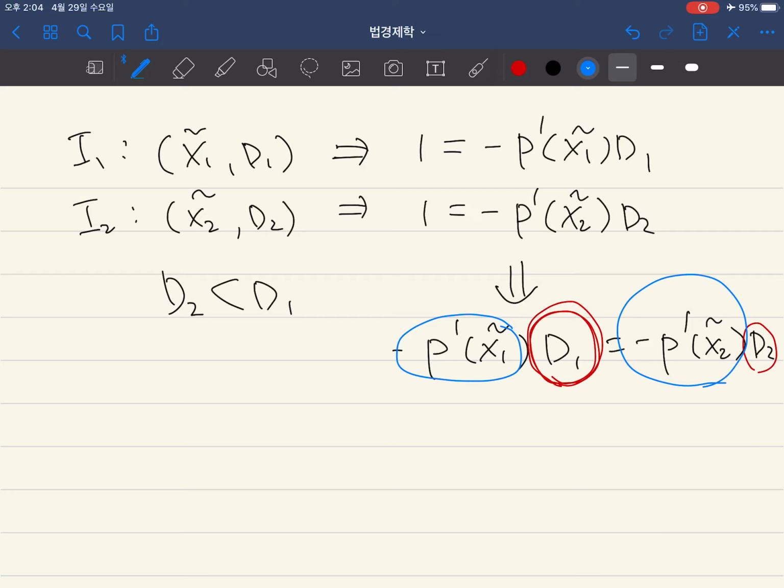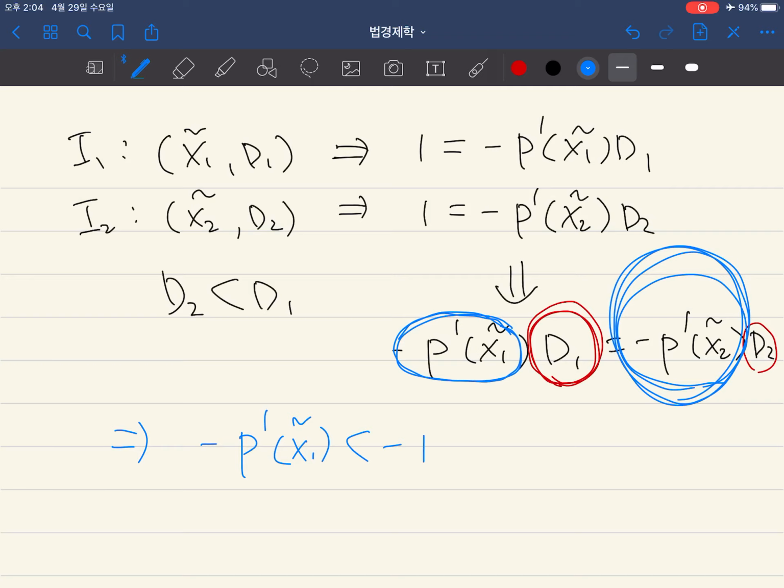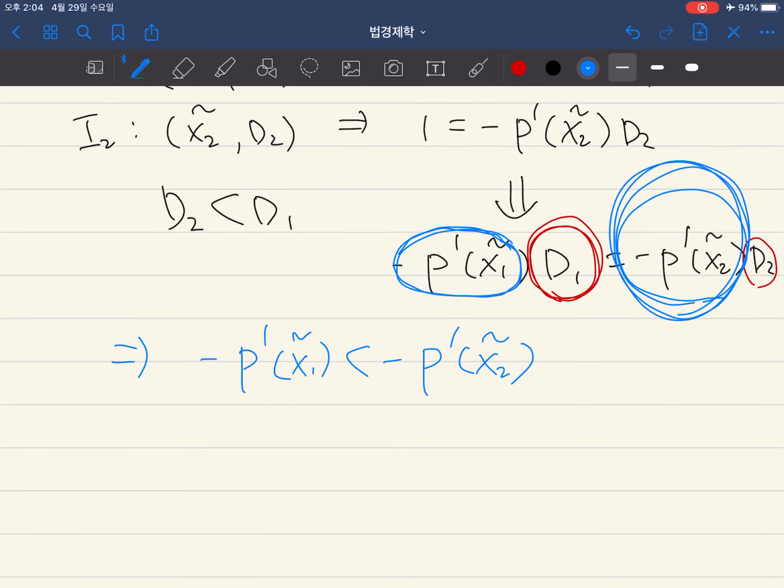Because D1 is bigger than D2, this blue term must be bigger than this blue term on the left-hand side. So we should have this inequality. And what does it mean?